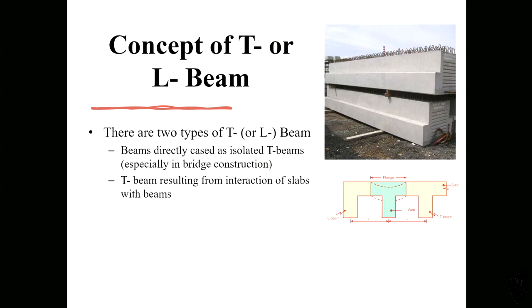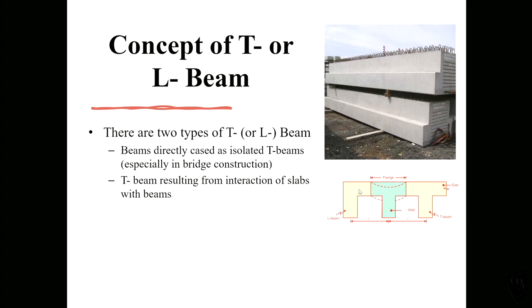When you draw the bending moment diagram, generally the width of the flange, the top part, is determined where we have zero bending moment. Here we have some moment at support, here also we have support moment. So the bending moment diagram goes like that.